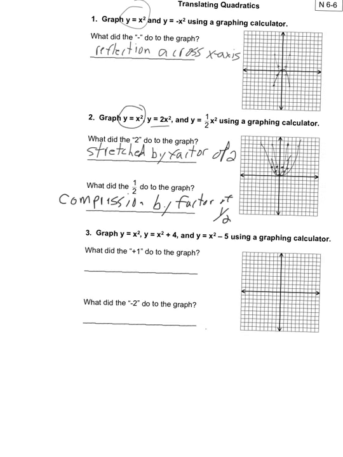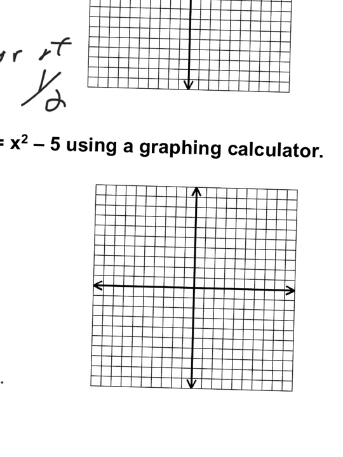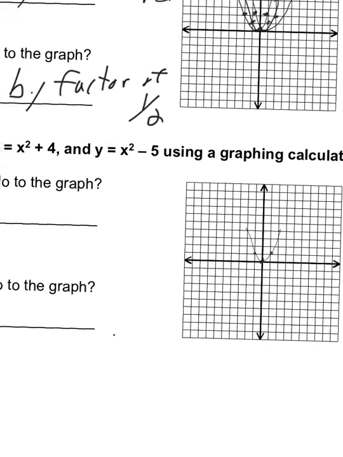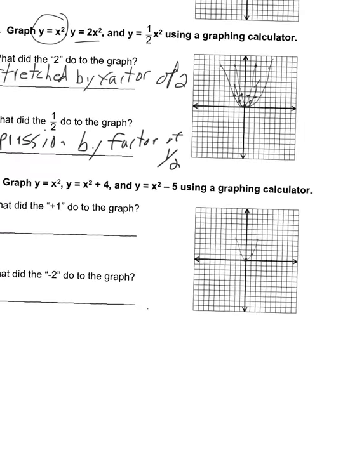Now notice on the next ones, it's the same parent. So I graph the parent, over 2, up 4. The parent goes like that. Notice on all of these, they all have x squared, but the first one is adding 4 and the second one is subtracting 5.